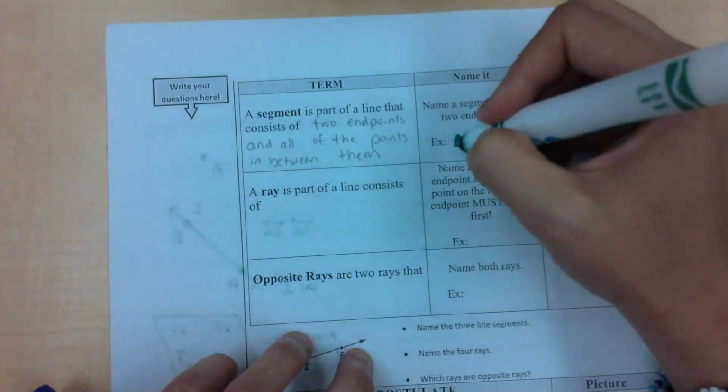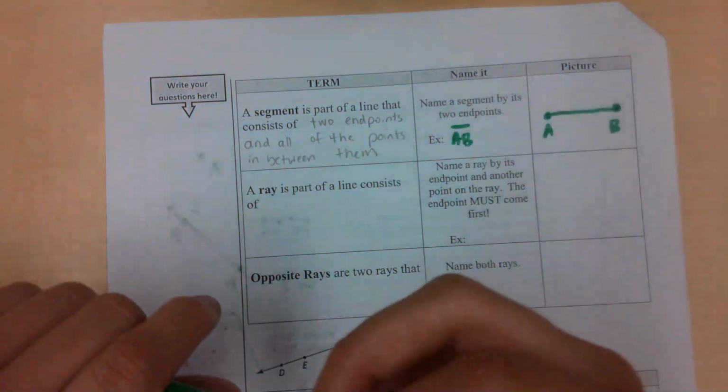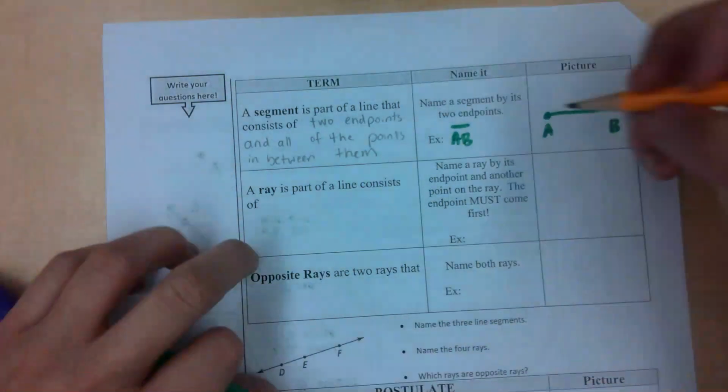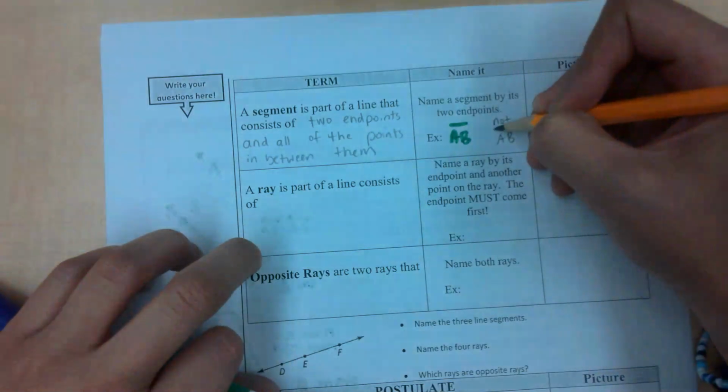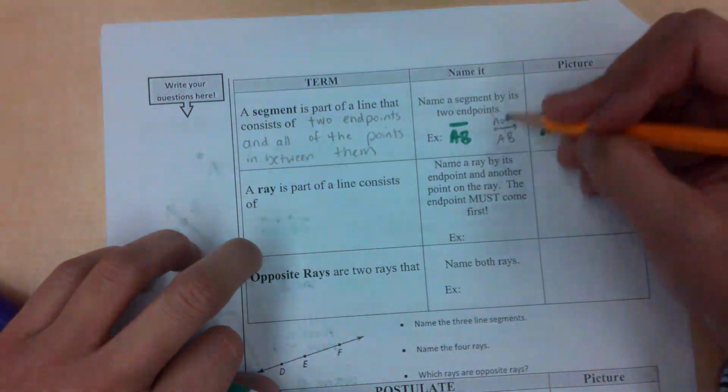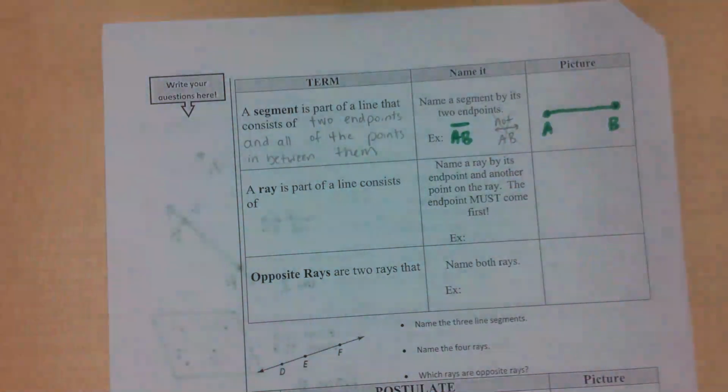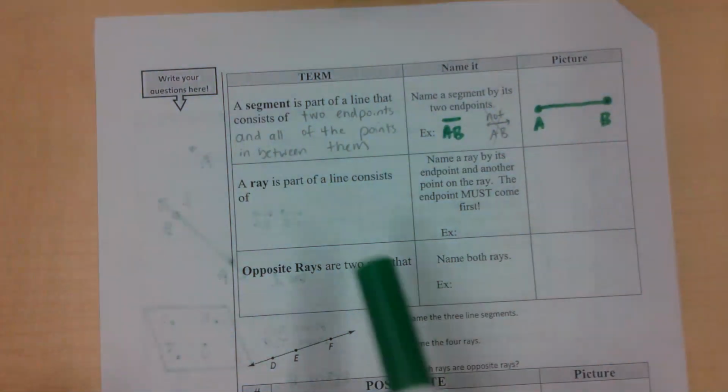So the way that you would name it is A, B with a line over it, but no arrows. So we would not have A, B with arrows. It needs to just have a line without the arrows.